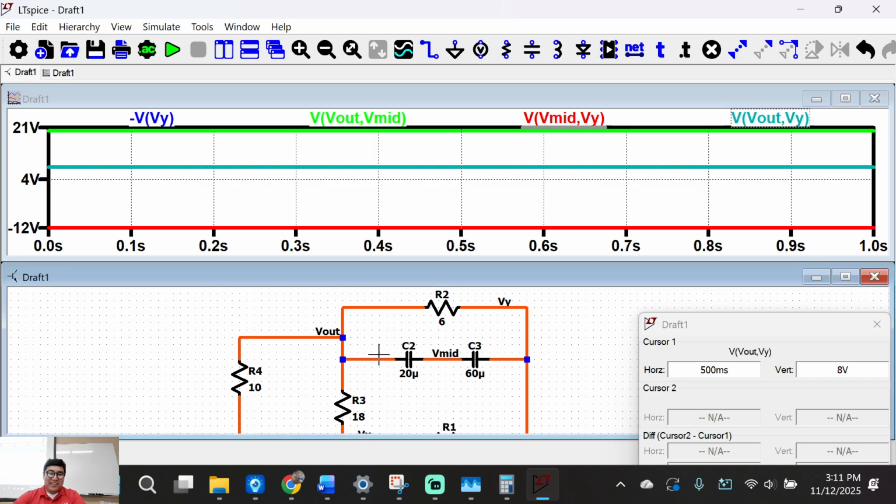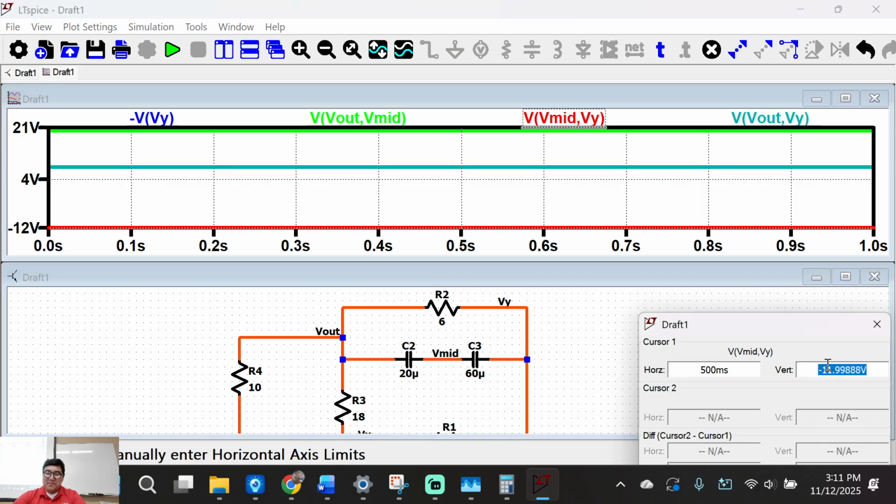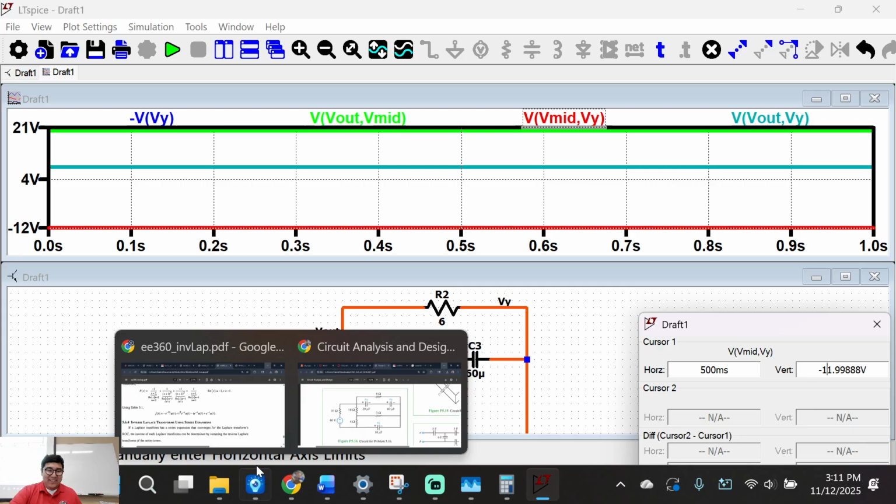So what happened over here? If I did this from V out to V mid, I'm getting minus 12 volts. Are you guys seeing what I'm saying right now? The heck?